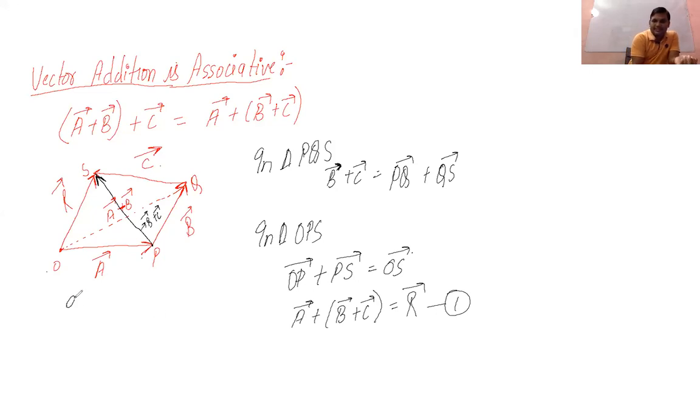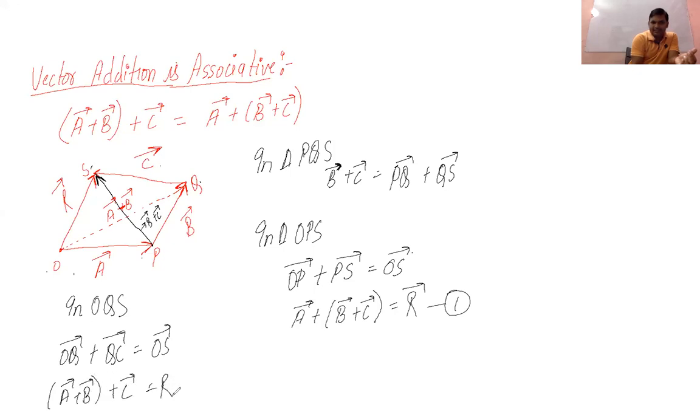And now you can see in triangle OQS, what can you write? This OQ vector plus QS vector is nothing, it's the OS vector. And OQ is nothing, it's A vector plus B vector. And QS is your C vector.